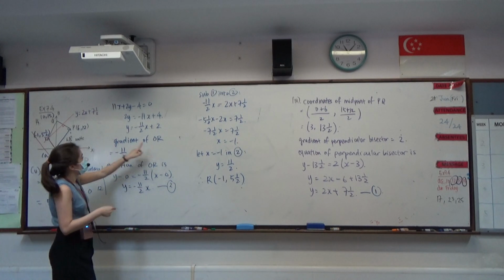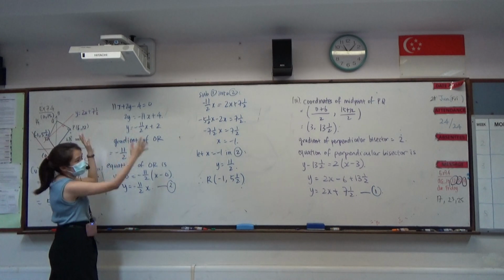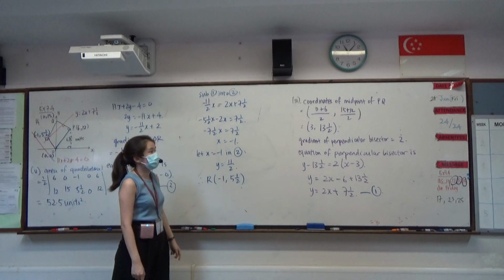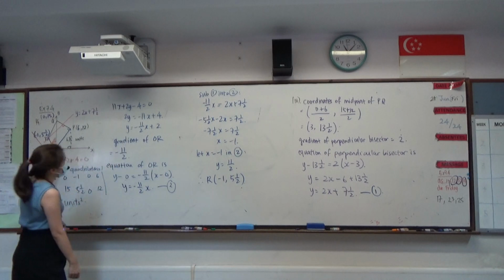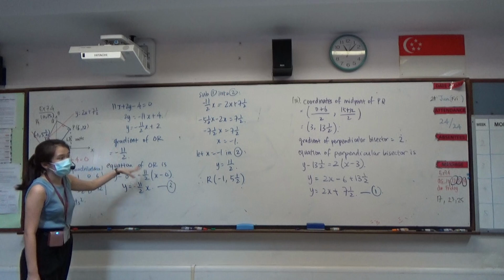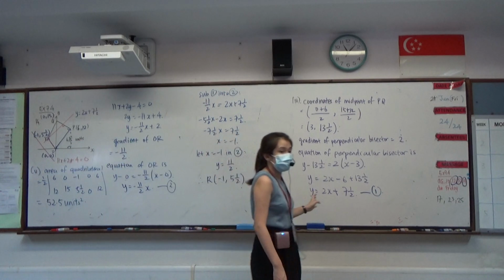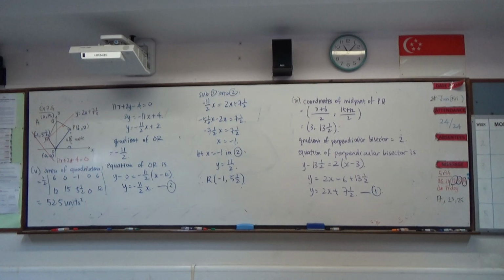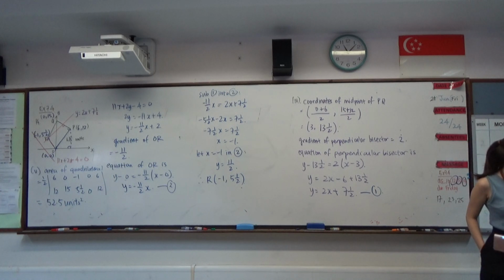Just now earlier on there was this working over here that says that the gradient of PQ is actually negative 1 over 2. I did that working in part 2, when solving to find the equation of PQ.